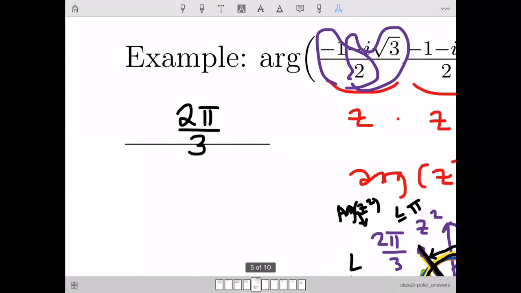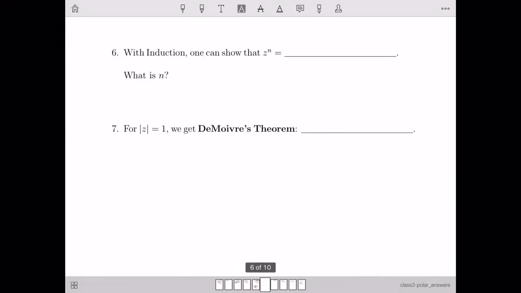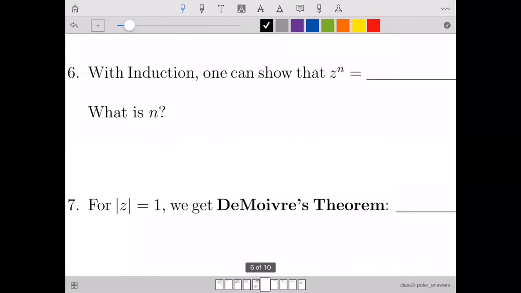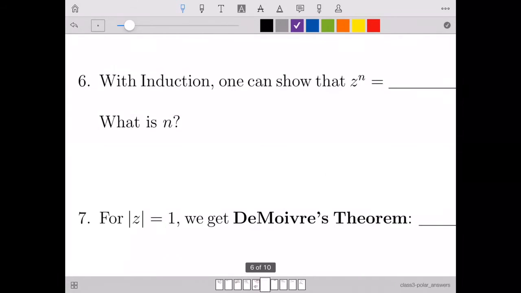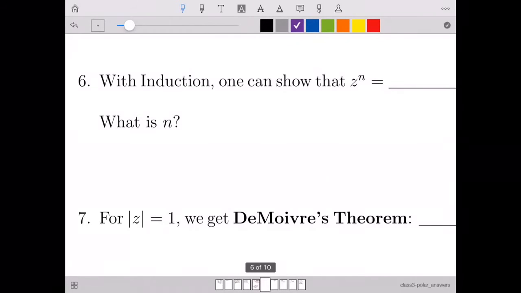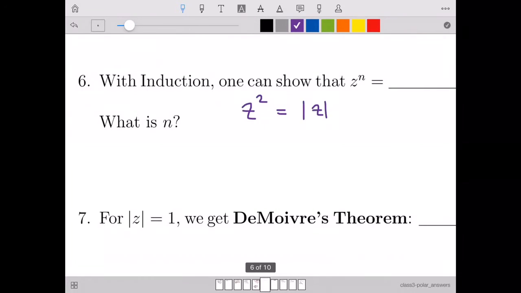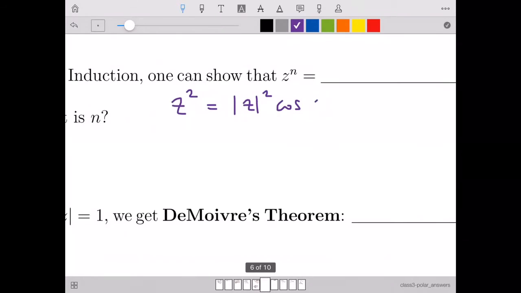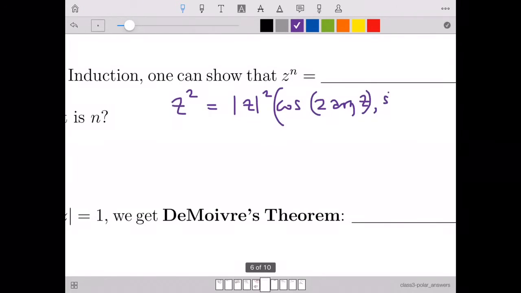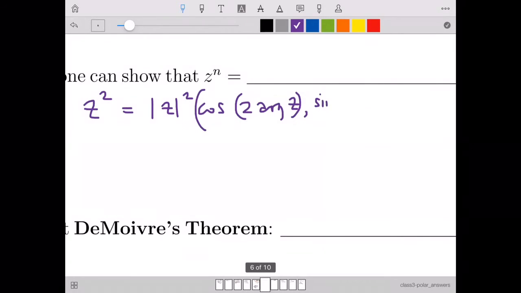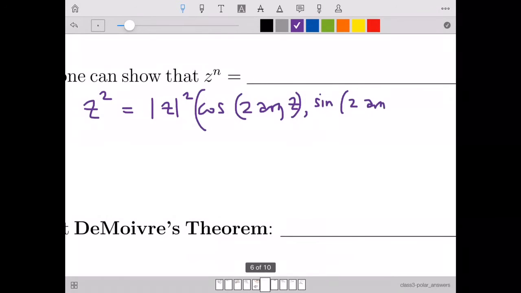So using this with induction, one can show that, from the previous, z squared is absolute z squared times (cosine of twice arg of z, comma, sine of twice arg of z).